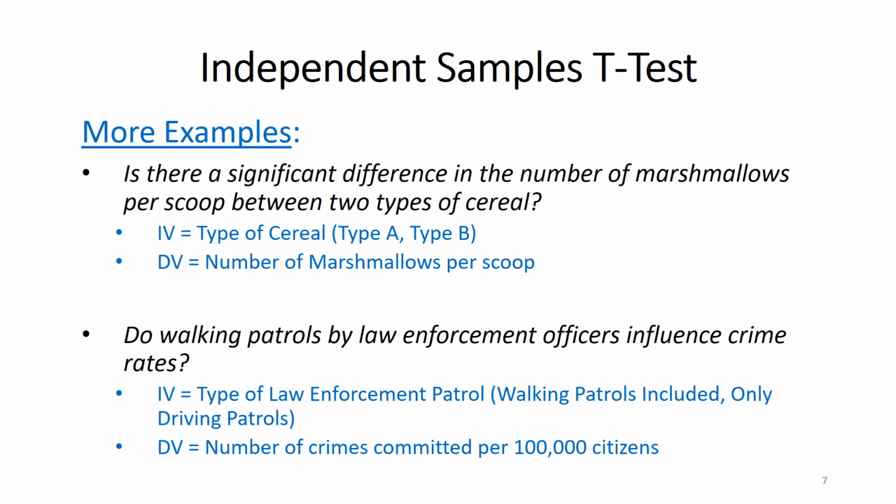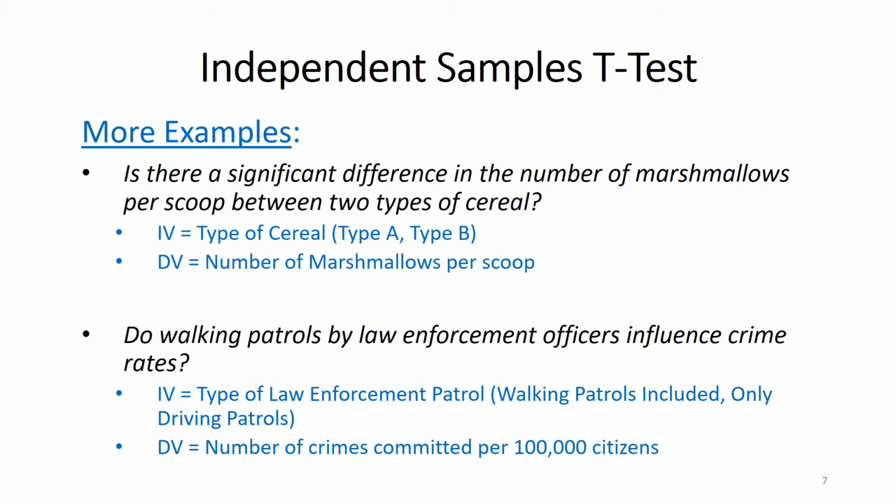And we make sure that the independent variable is categorical, 2 categories, and the dependent variable is a continuous variable measured at the interval or ratio level of measurement. All right, so that's a brief introduction to the independent samples t-test. In our next lecture, we're going to go into much more detail and go through a couple of examples, but for right now, that's just the setup.